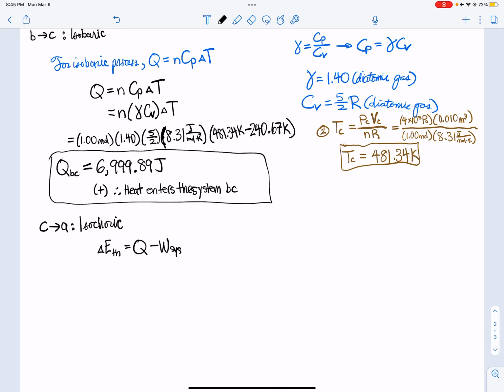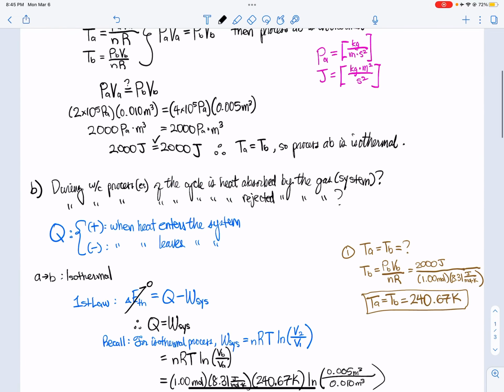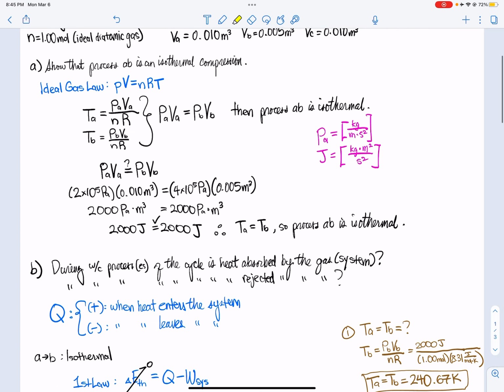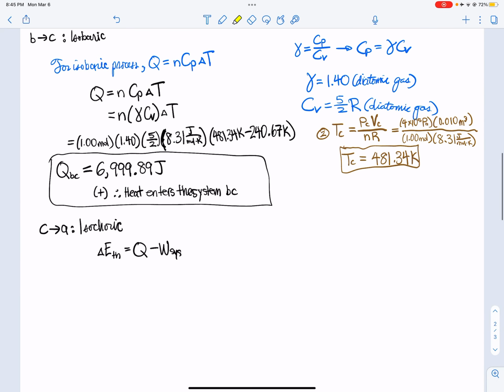Okay, so let's look at the isochoric process. The work done by the system is the area under the curve, and we see that from C to A, it's an isochoric process, so that's a straight vertical line. In other words, there's no area under the curve, so work is 0, okay? So I'm going to cancel out the work here to 0. So now I know that my heat transfer is equal to the change in thermal energy, right?